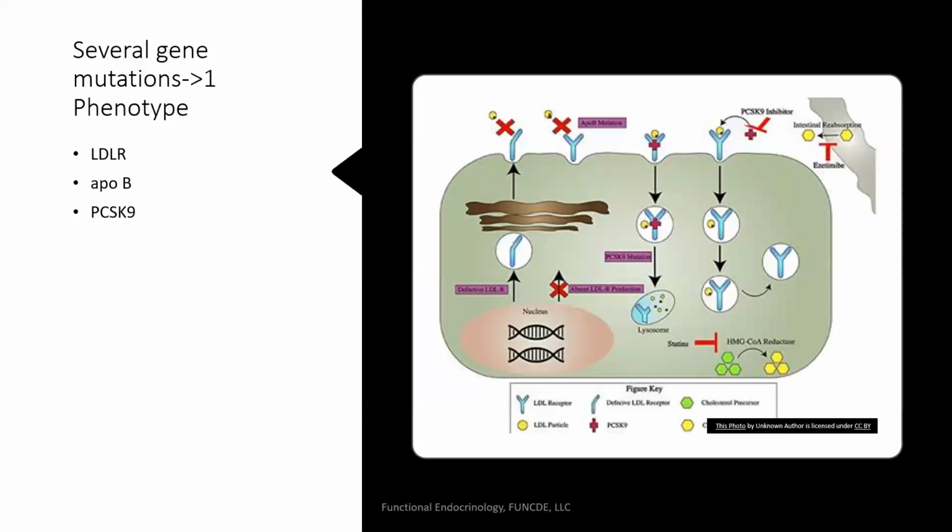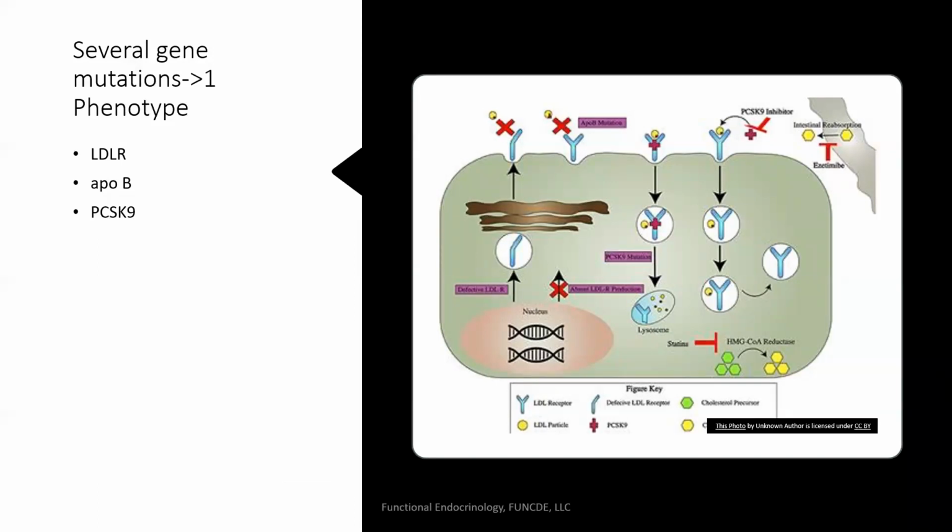So we have what we call phenotype and genotype. Genotype is a combination of our genes, and phenotype is how our genes translate into physical structure or physical features. For example, here we have LDL processing.